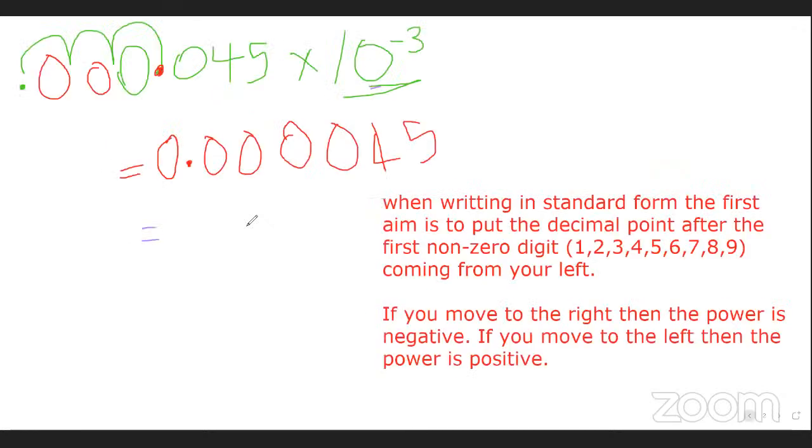Every time you get a question, you make a particular amount of move based on this definition: when writing in standard form, the first aim is to put the decimal point after.